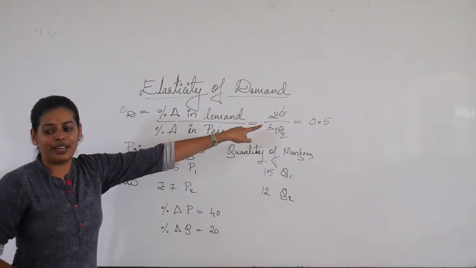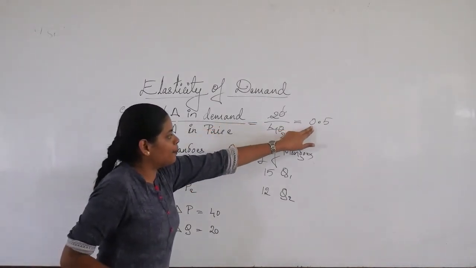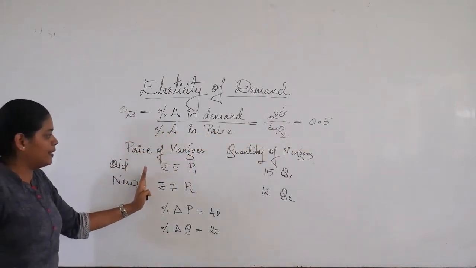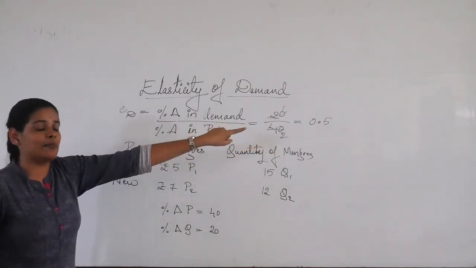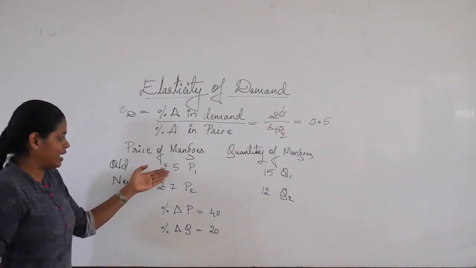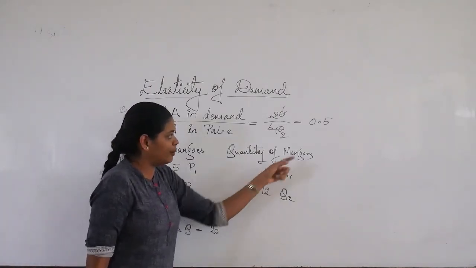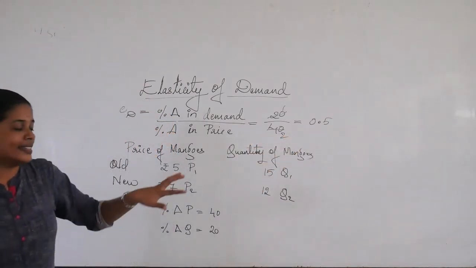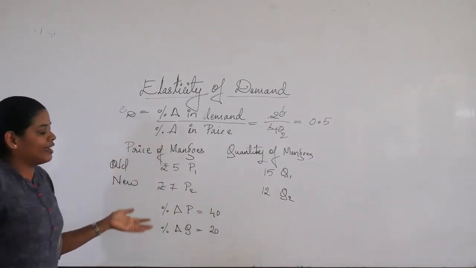With this we can understand that elasticity of demand is 0.5 for these mangoes. So when the price increased from 5 to 7, the quantity demanded decreased. This is how we calculate the elasticity of demand with the given problem.